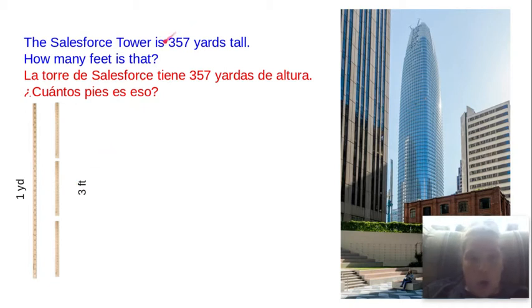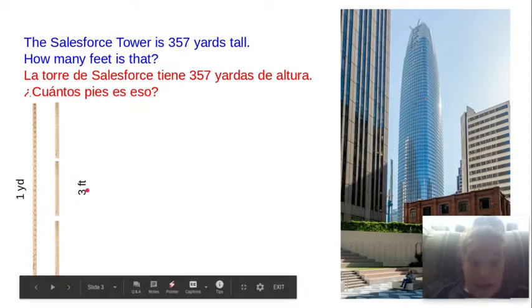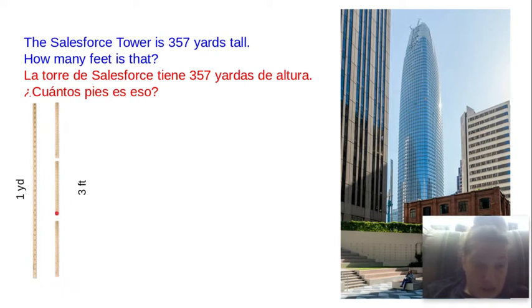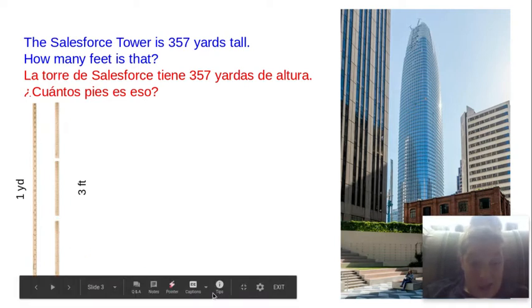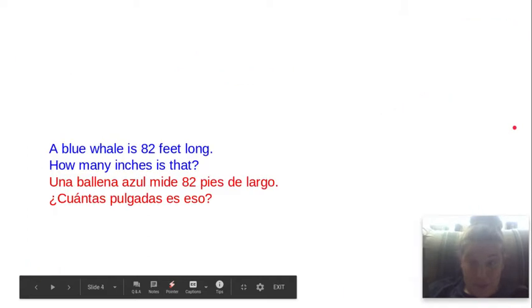So if we wanted to figure out 357 yards and how many feet that would be, we would have to multiply this many yards by 3 feet, because we would have this 1 yard, 357 of them, but in each one of those, there's 1, 2, 3. It definitely can be a little bit tricky, but that's important to remember.